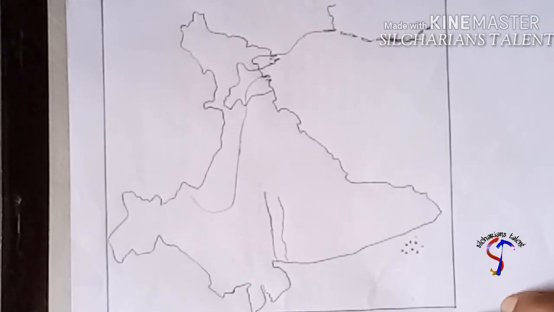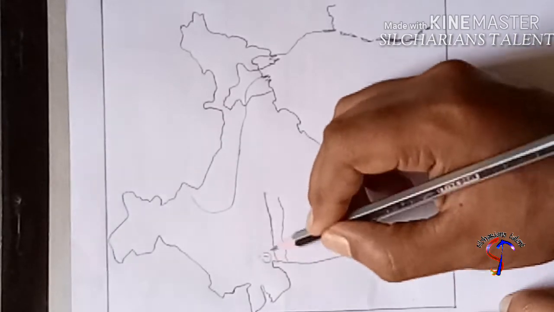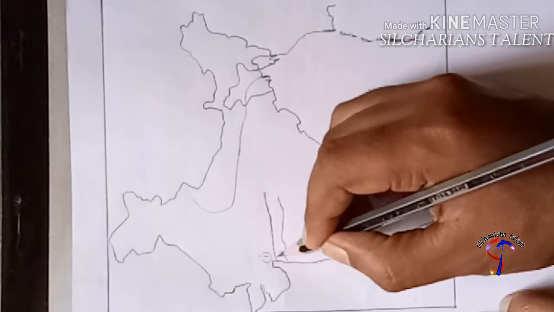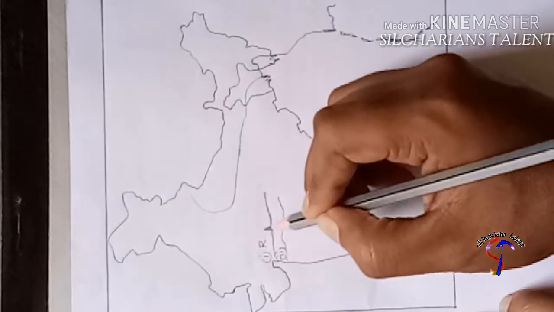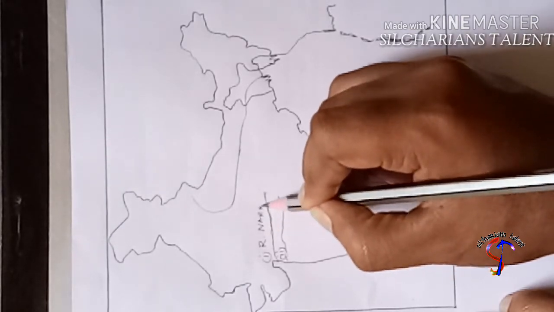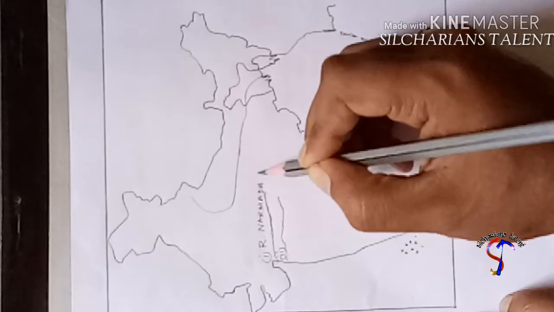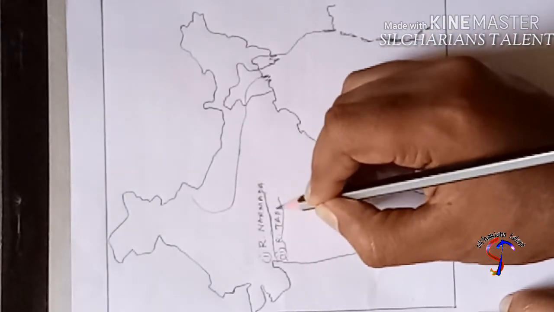When you write the names of the rivers, you have to indicate the question number, 1, 2 like this. Then write R, the initial, and write river Narmada. And R, TAPI.